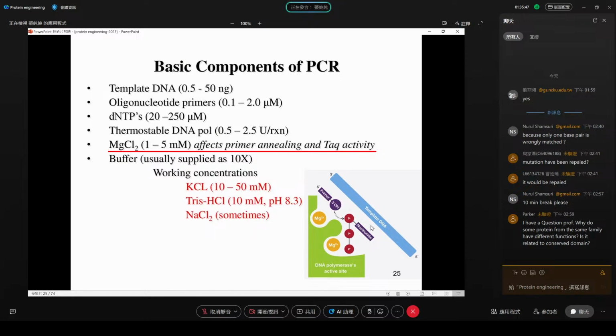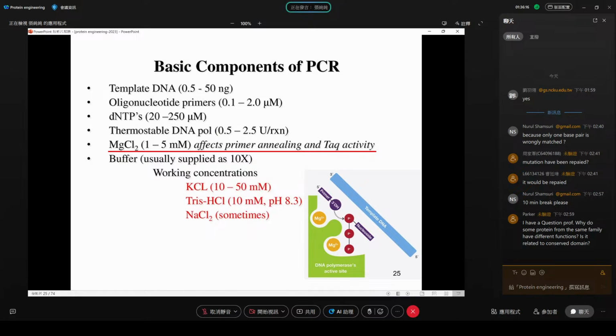Theoretically, if this place is a G it should pair with a C, but if you add too much dNTP, even U or A or T will be incorporated. And too much magnesium chloride also can stabilize this complex. It will cause a huge problem. So all the optimized concentrations for the PCR reaction follow the same rule.